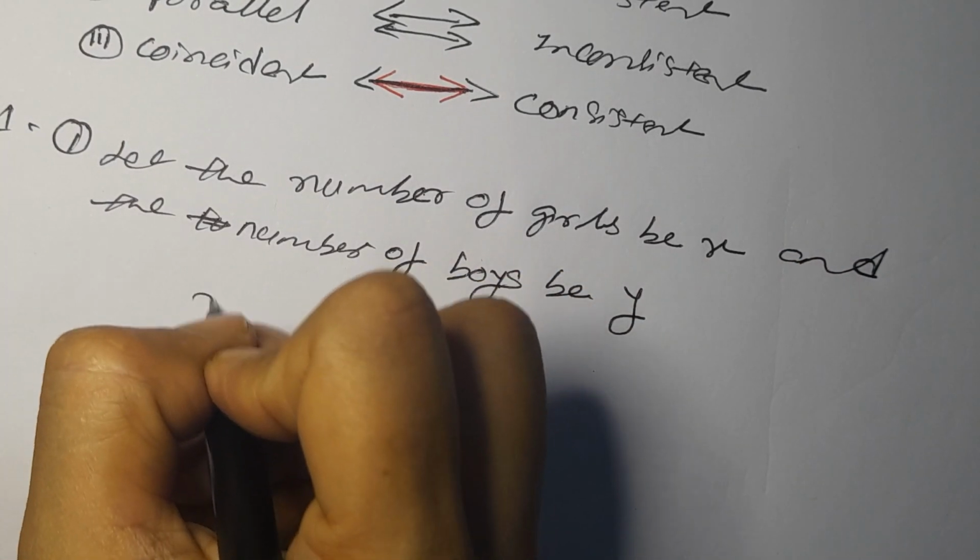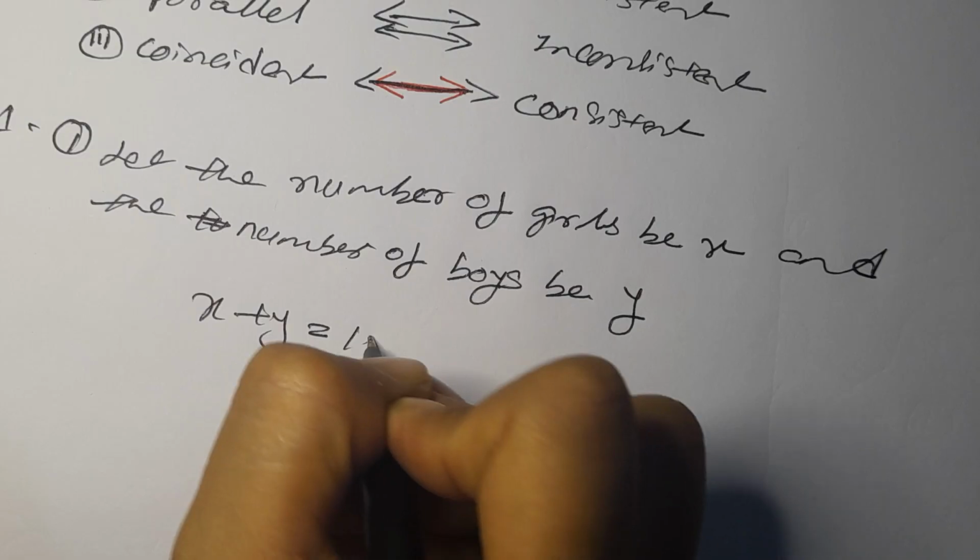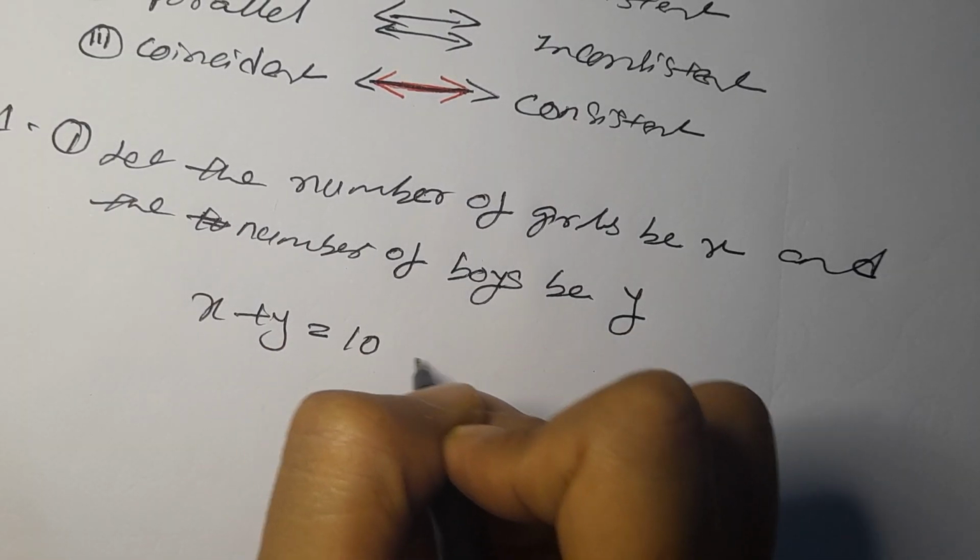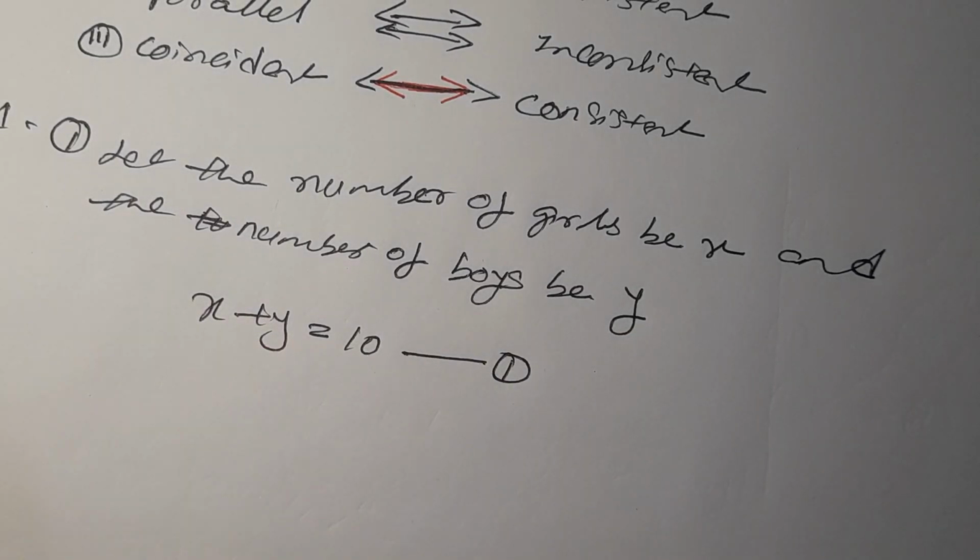So that is one. Another, total number of students, that is x plus y equal to 10. Total number of boys and girls gives 10. Okay, from here we will find one equation. From here we will plot in the graph. First let's write the equation.